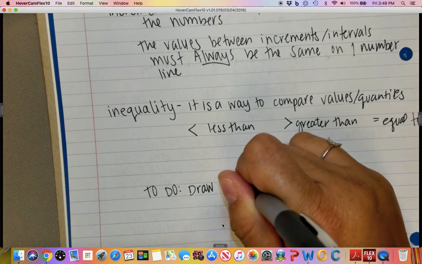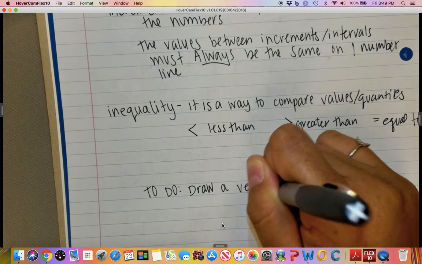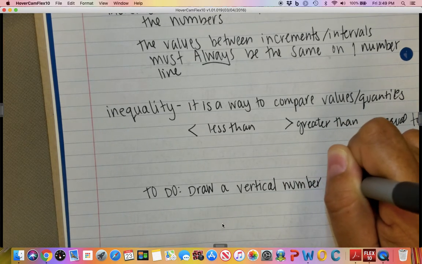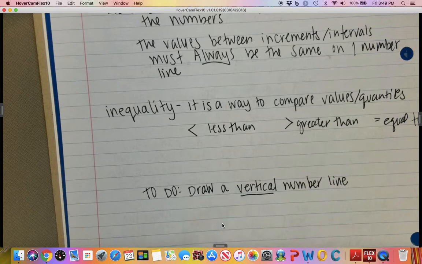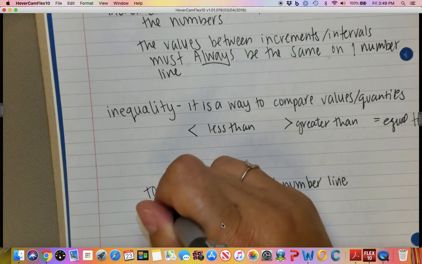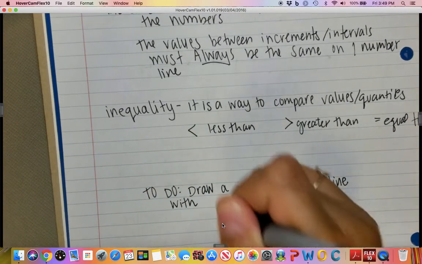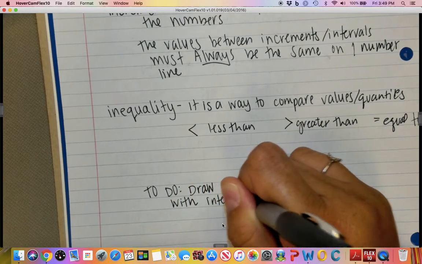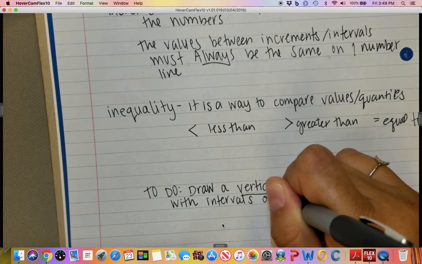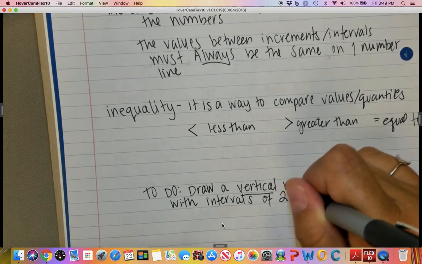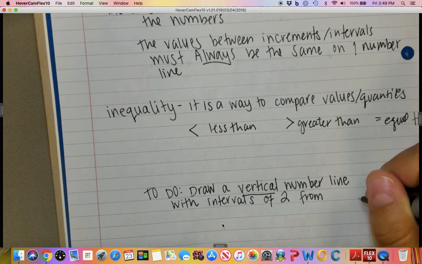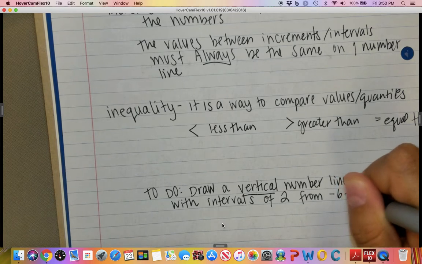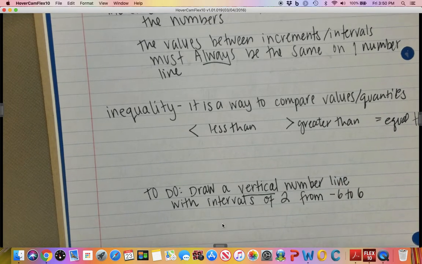So, what you have to do is draw a vertical number line with intervals of 2 from -6 to +6.